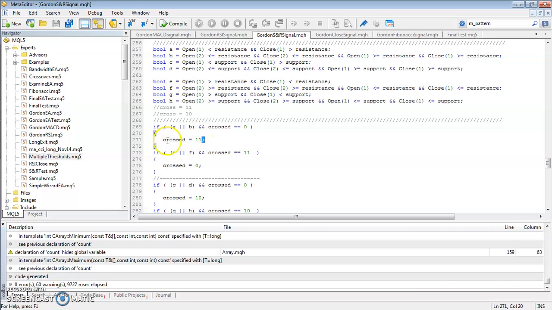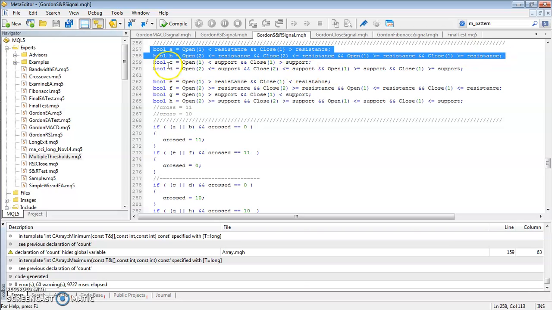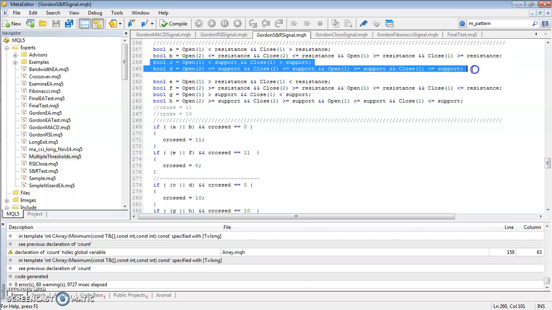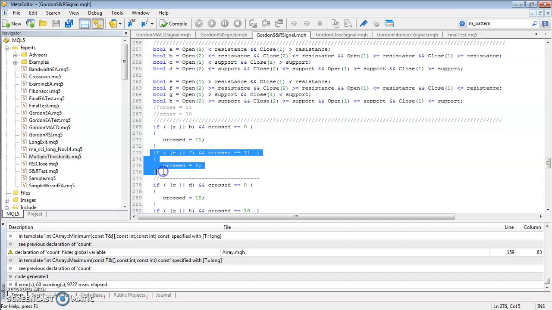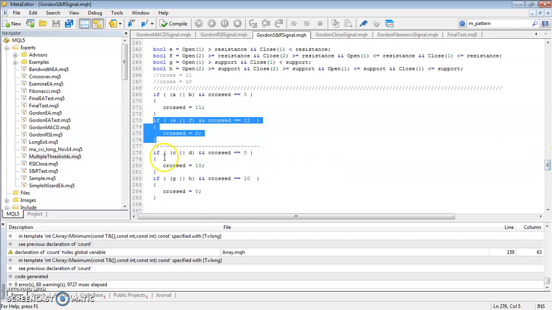the 11 is an indication that it's crossed for A and B here, so the resistance. Now for the support, it's this logic. If the trend crosses the support line from below up, then, I'm sorry, this isn't the if statement condition, it's this one.